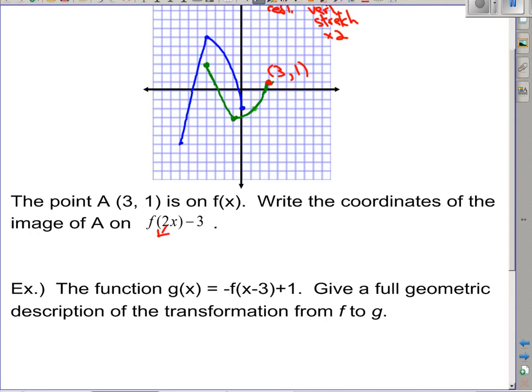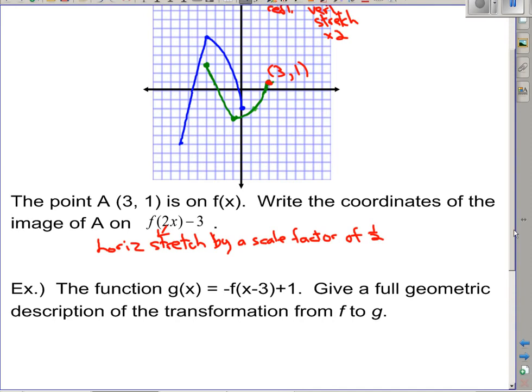The 2x is causing a horizontal stretch by a scale factor of, remember for horizontal stretches, it's going to be the reciprocal of that number, so by a factor of a half. Meaning it's half as wide out from the y-axis.